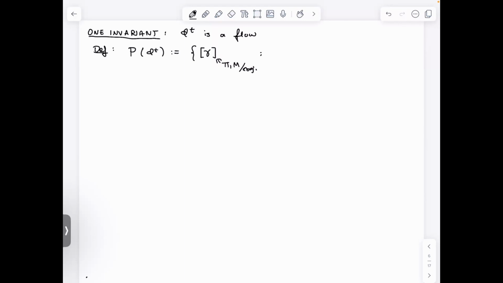If you think of my definition of orbit equivalence, I just wanted to send orbits to orbits. I didn't care about the direction the flow was going, so I better not have something that's sensitive to the orientation of the loop. So I'm going to record this if either gamma or its reverse orientation is represented by a periodic orbit.